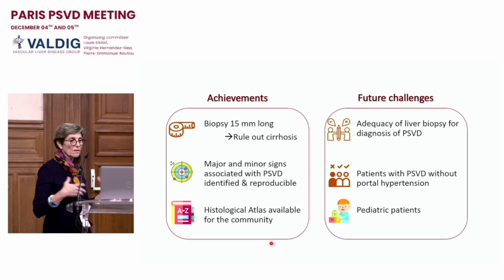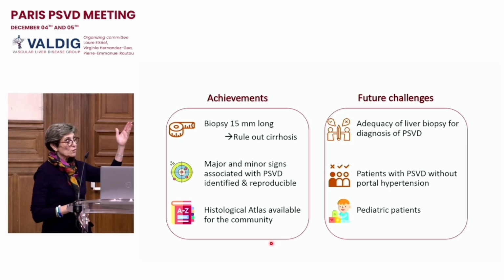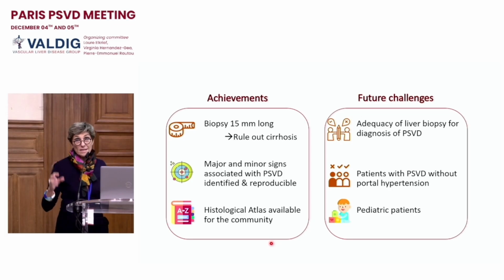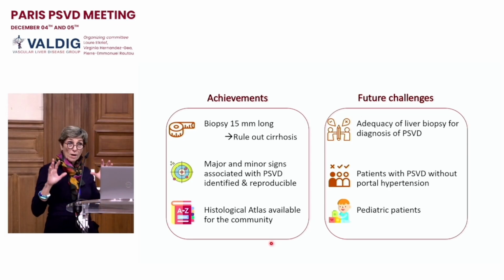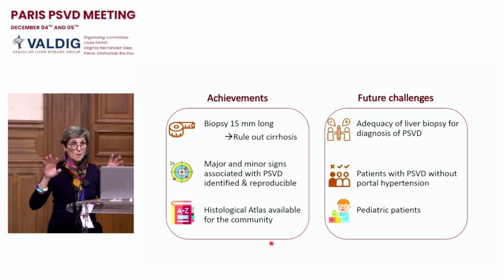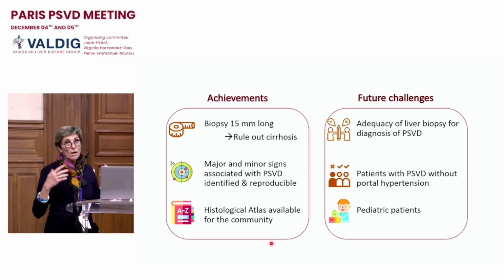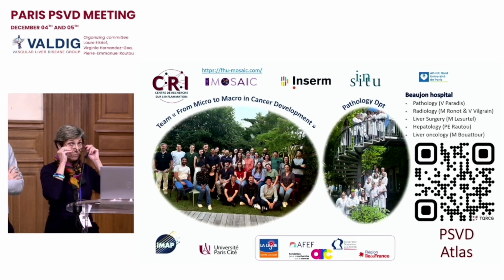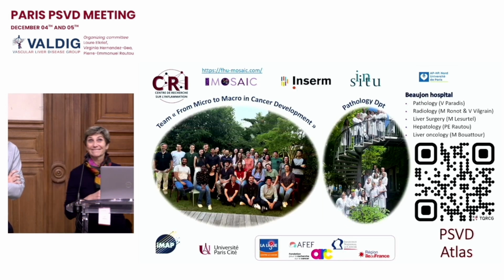But we heard this morning that there is a big VALDI cohort, so it will be done tomorrow. And then we didn't discuss the pediatric population. We are very concerned about that. We have some connections, and for sure we will need to include pediatric liver biopsy now. And I want to thank you for your attention.